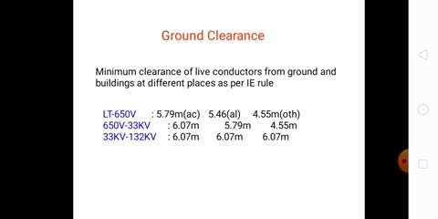For 33 kV to 132 kV extra high tension lines, across the line is 6.07 meters, along any street is 6.07 meters, and erected elsewhere is 6.07 meters.